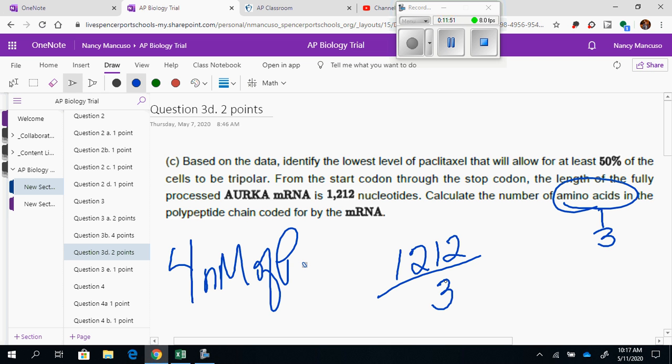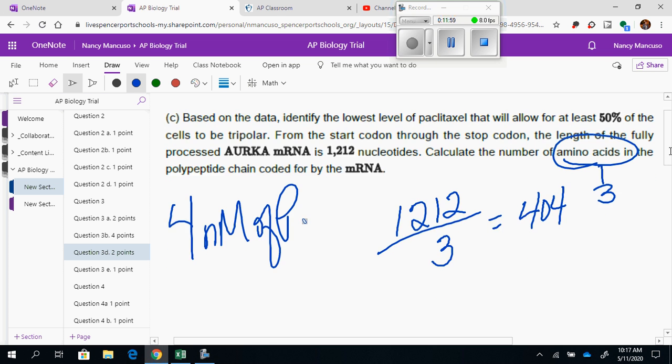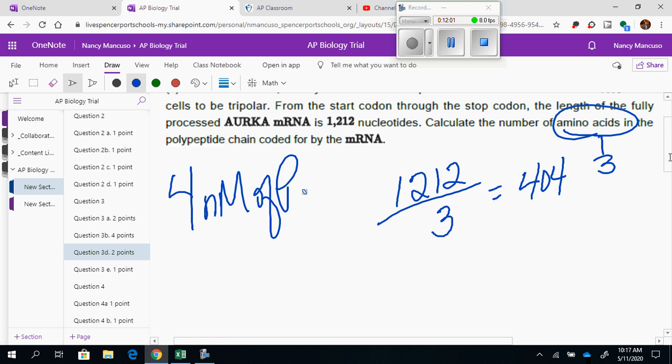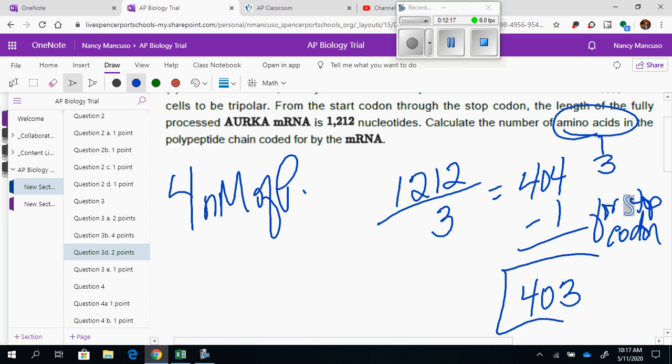So the first thing I want to do is divide this by 3. So that would be 404. Now, I know that the last codon to be read is a stop codon, which means it's not actually coding for an amino acid. So I want a minus 1 for the stop codon. So the number of amino acids that gets coded for would be 403.